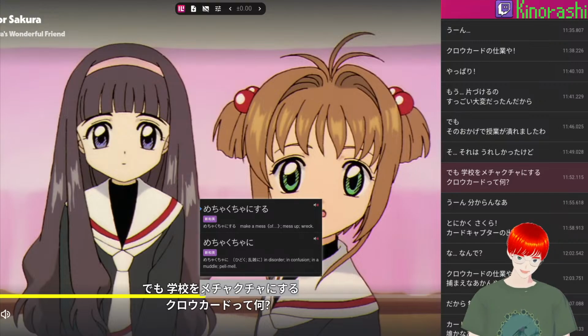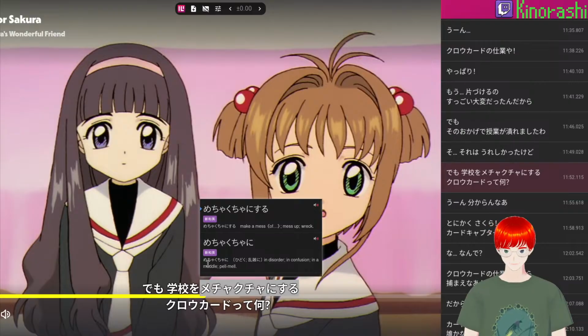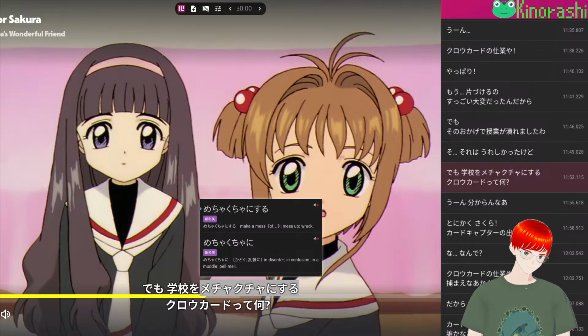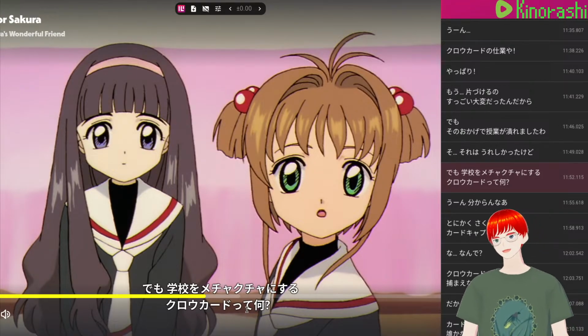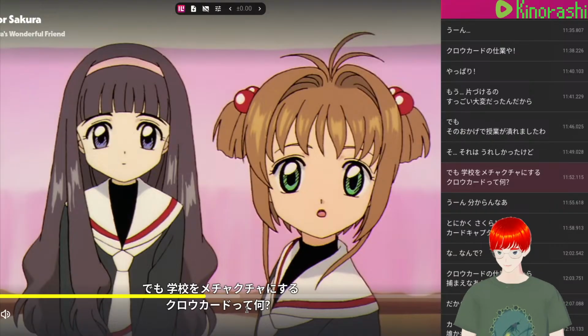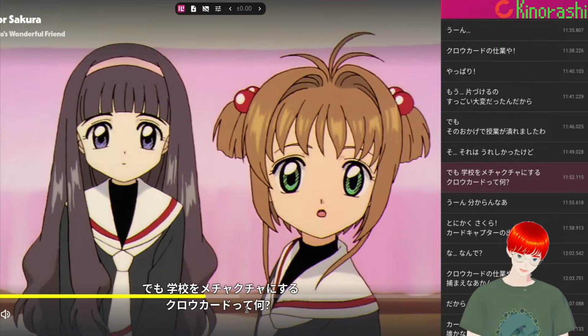So this cha might be the. Could this be kereba again? And then down here it's Kurou. Oh, Kurou Kaado tte nani, or in other words, what makes you say a Clow card? Kurou Kaado tte nani.